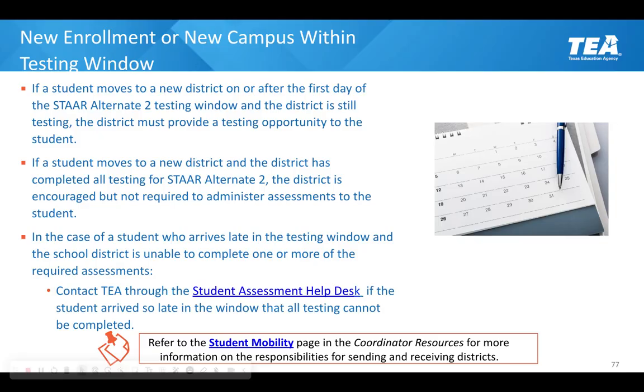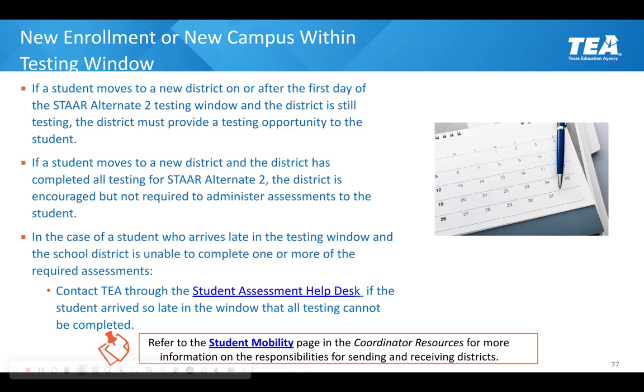If a student moves into a district after the first day of the STAAR Alternate 2 window, while we're still testing, the district must provide a testing opportunity to the student. If they move in and we have completed testing, we are not required to administer the test.